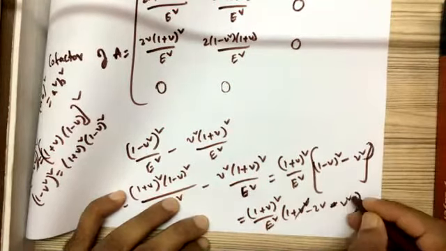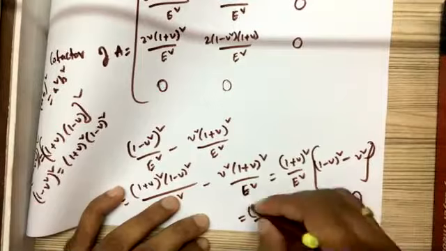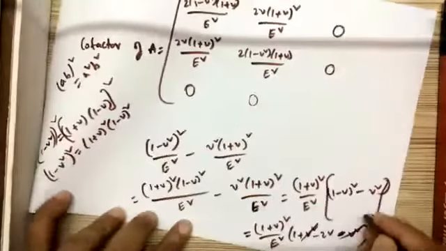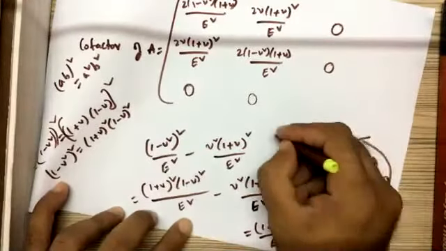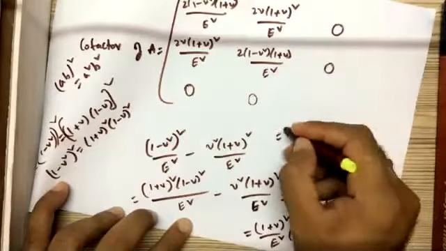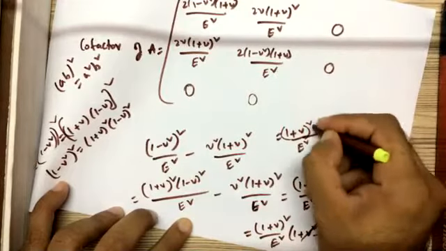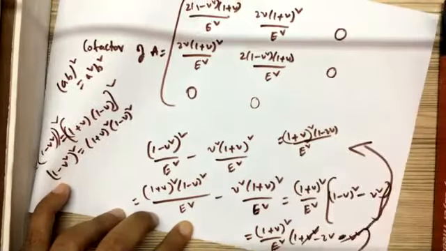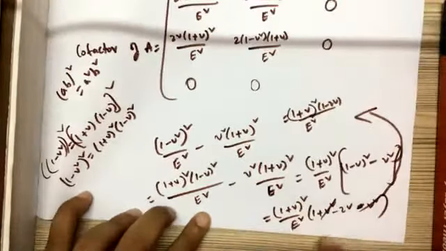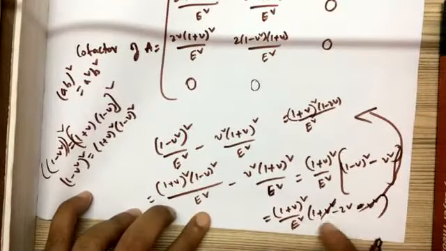Nu square minus nu square gets cancelled. So what is remaining? 1 plus nu whole square by E square into 1 minus 2 nu. Am I right?